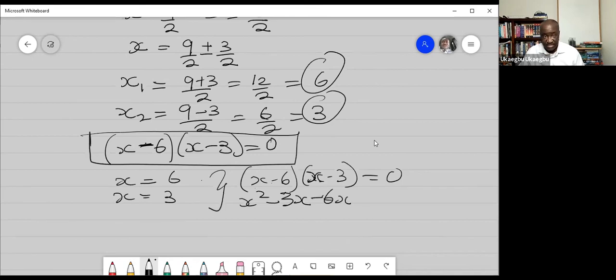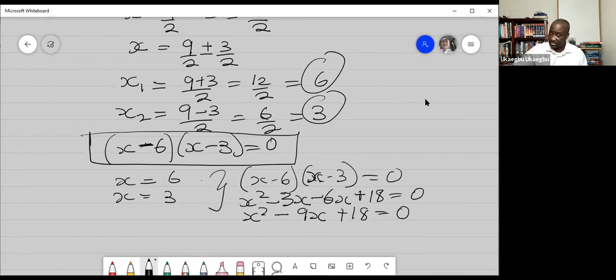Negative times negative is positive, so 6 times 3 is 18. You have your 18, and that's equal to 0. Now look at this: negative 3x, negative 6x gives us negative 9x. You have x squared minus 9x plus 18 equal to 0, and you return your x squared equation. So the solution is correct.